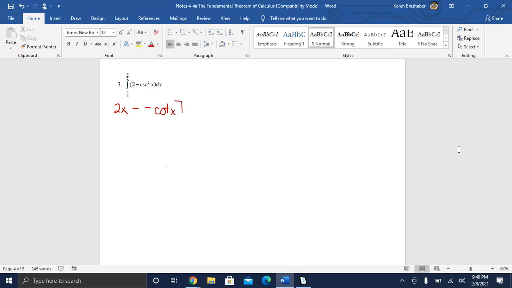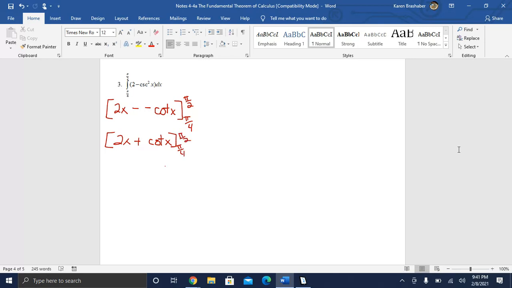And then this is evaluated from pi over 4 to pi over 2. So I'll simplify it just a bit with the double negative, 2x plus cotangent of x, again, from pi over 4 to pi over 2.